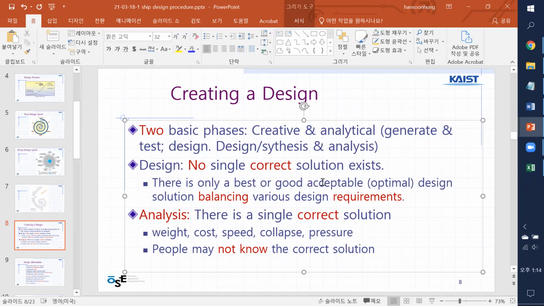And generate and test, how can I explain this one? When we make a sentence in English, we start with a number of words. Let me say there are 5 words to make one sentence. Then the generate stage is just a random combination or sequencing of the 5 words.